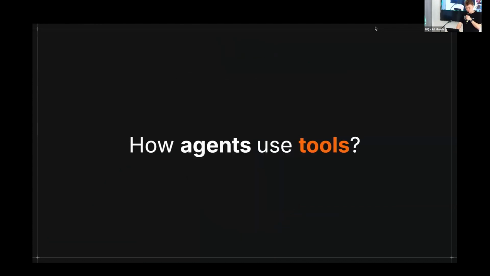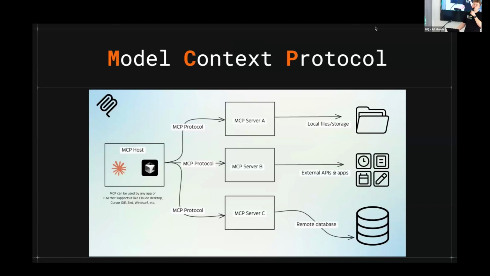So, how do agents use those tools? Probably through some protocols or skills. Like Model Context Protocol is the famous one, where you have some MCP servers distributing tools, and your agent would connect to those MCP servers and gain access to those tools.